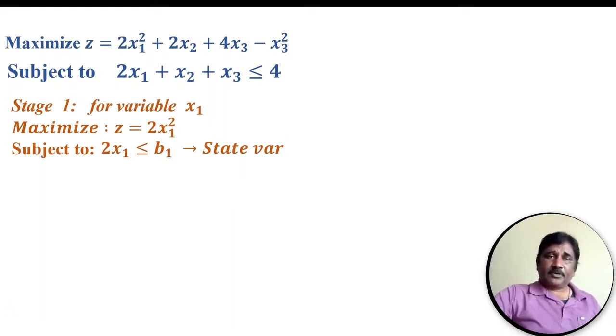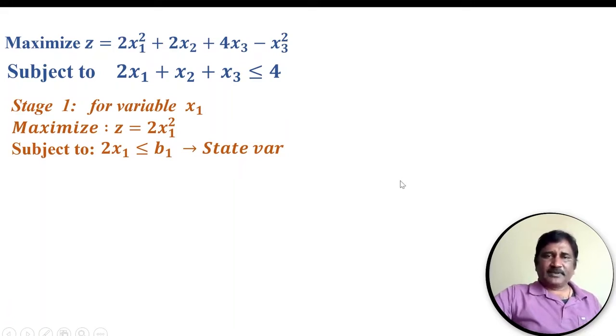The dynamic programming philosophy wants that the constraint limit should be converted to a variable, which is called the state variable, right? So our first stage contains variable x1. The problem becomes maximize z equal to 2x1 square subject to 2x1 less than equal to b1, right?